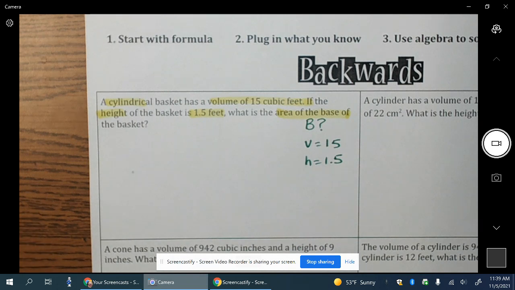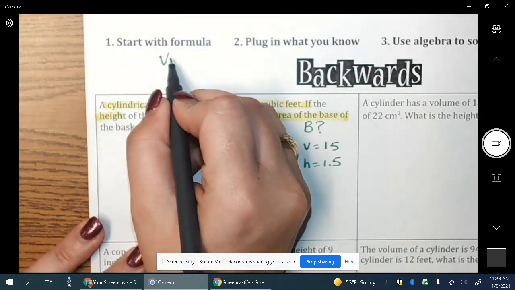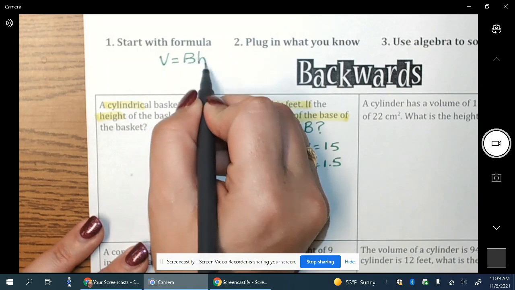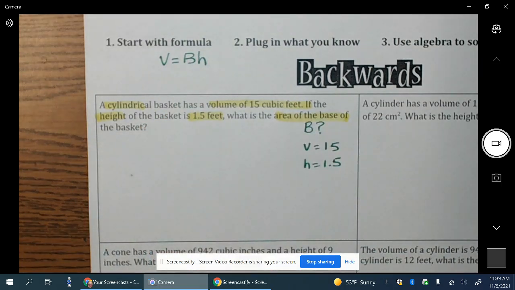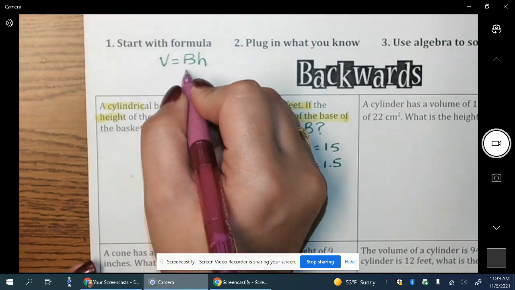Now we've been using pi r squared h for the formula, but I don't have radius, so that might be a problem. I'm looking for big B. Remember the very first day I told you that your formula on the formula chart is V equals big BH. And why do we use pi r squared?